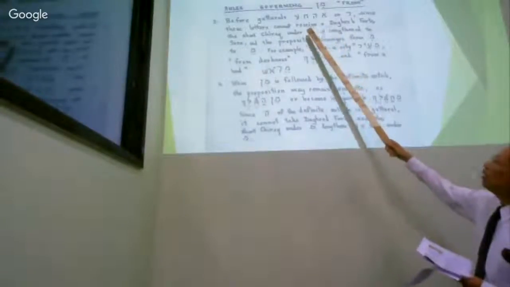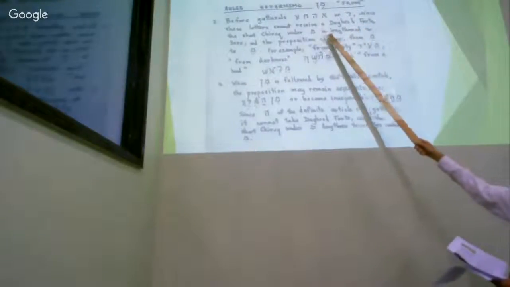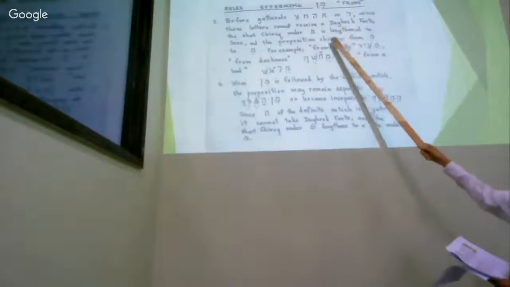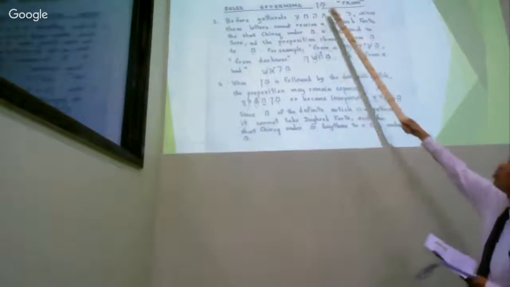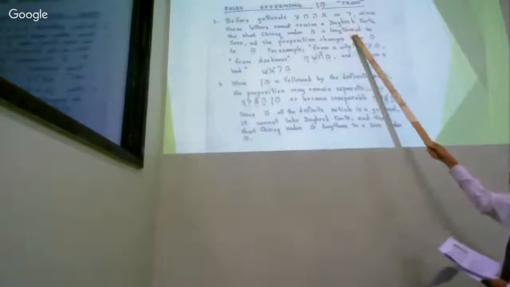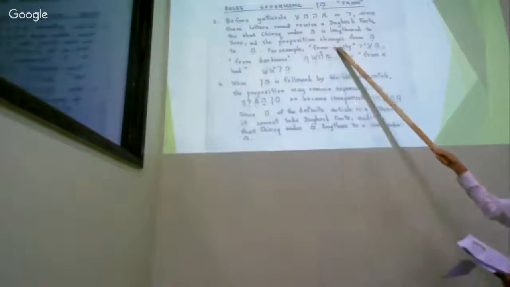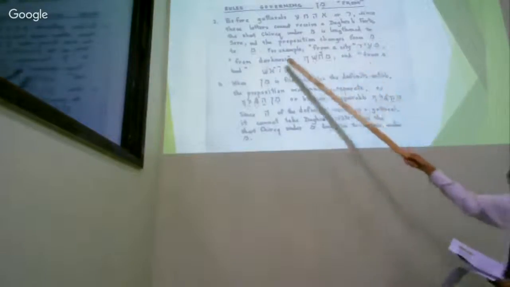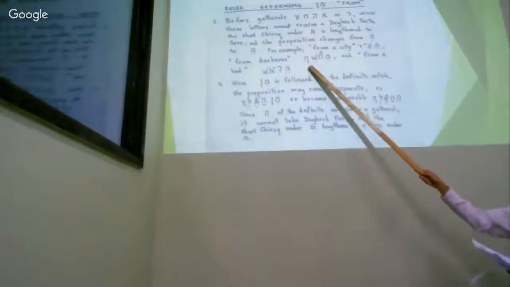Before gutturals, aleph, he, heth, ayin, or resh, since these letters cannot receive a dagesh forte, the short hiriq under the mem, in the preposition min, from, is lengthened to tsere, and the preposition changes from mi to me. For example, from a city is me-ir, from darkness is me-choshekh, and from a head is me-rosh.